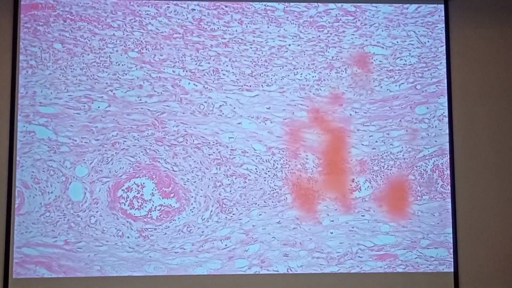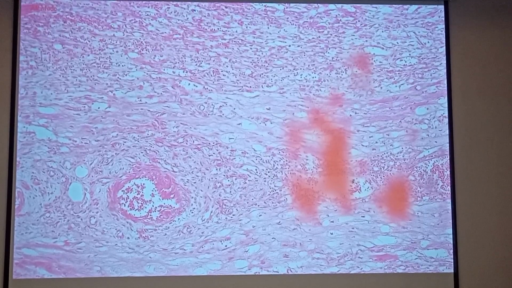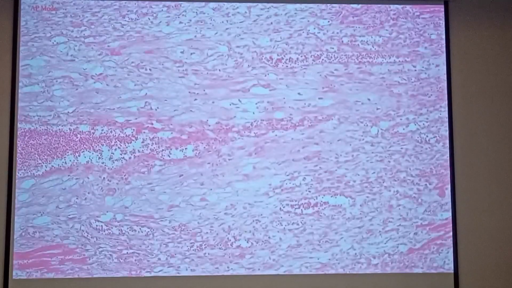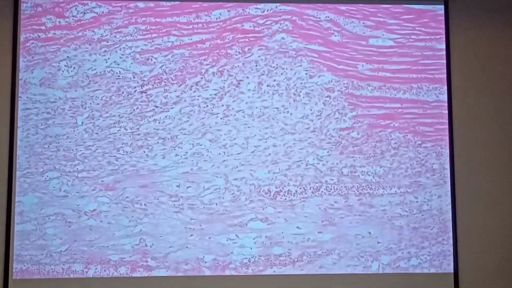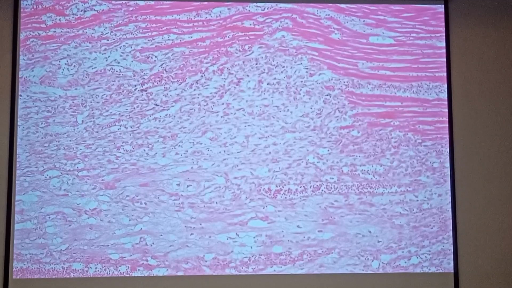So technically, you can say this is a granulation tissue right here. But in the slide, it's known as organizing myocardial infarct. Okay? So you can no longer see actually necrosis here, but the granulation tissue of that necrosis.